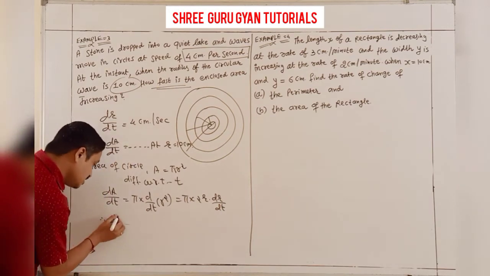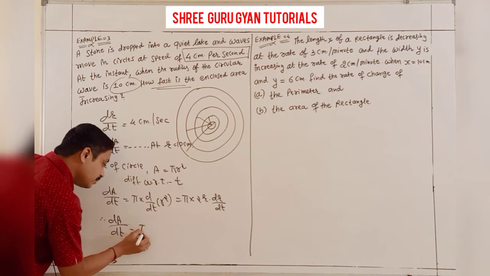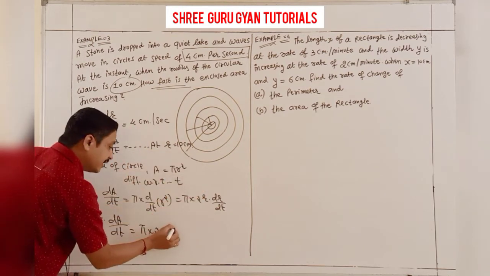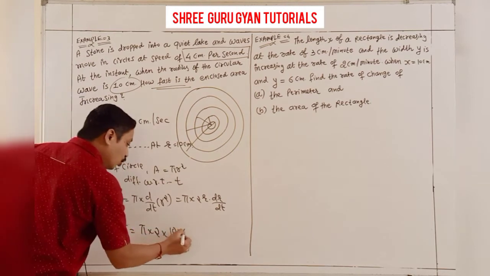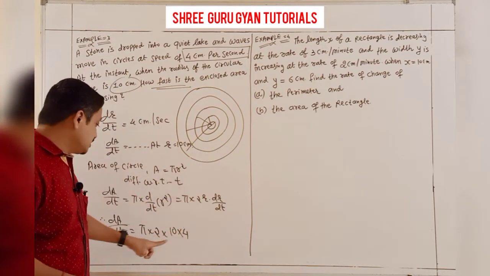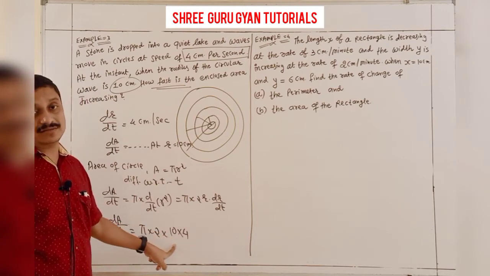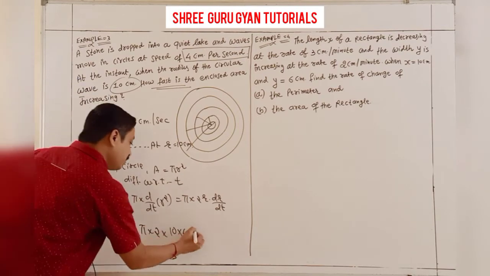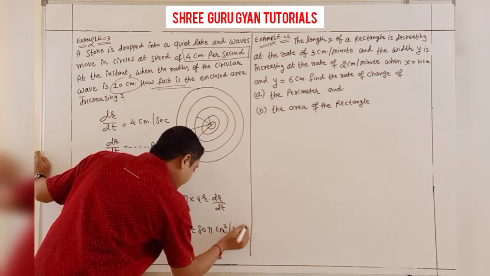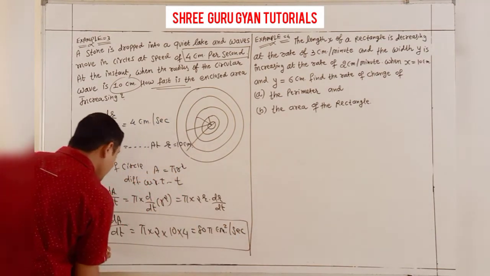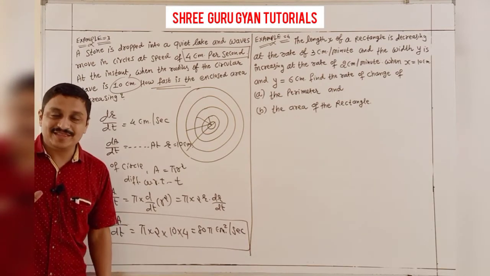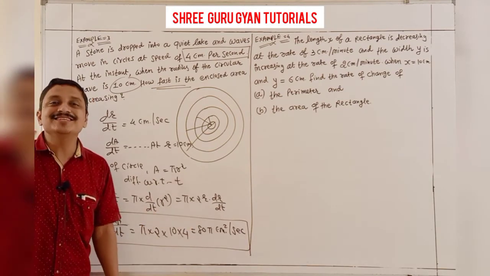So dA by dt is pi into 2, and what is r? Initially 10, and dr by dt is 4. You need to check, same. So your answer is 4 times 2 times 10, that is 80 pi, 80 pi centimeter square per second. Every second the area is changing by 80 pi centimeter square. Yes, students, it's a very easy question.